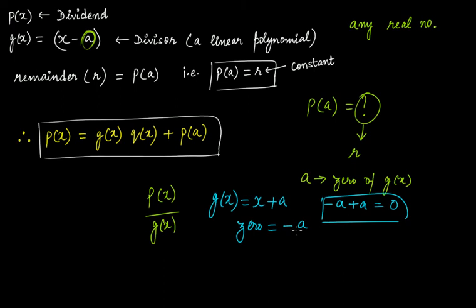So your 0 changes its sign as per the linear polynomial. Don't get fixed to this one only, that your linear polynomial should always be like x minus a. No, it can be x plus a when you solve the problems, but in that case your 0 will be minus a, while in this case your 0 will be a, right?